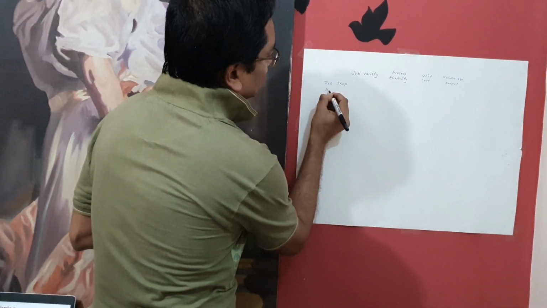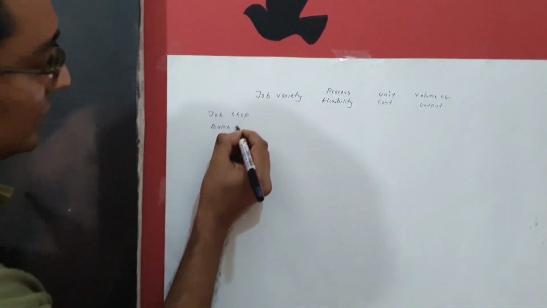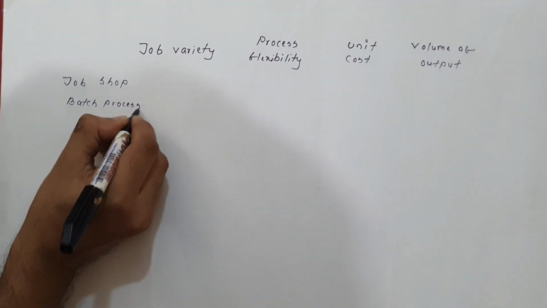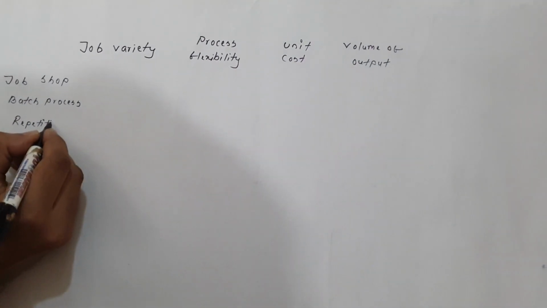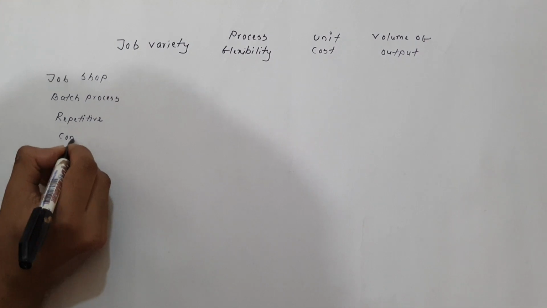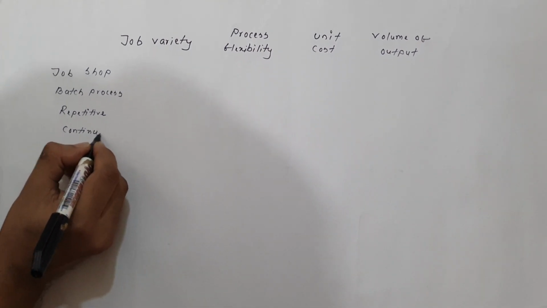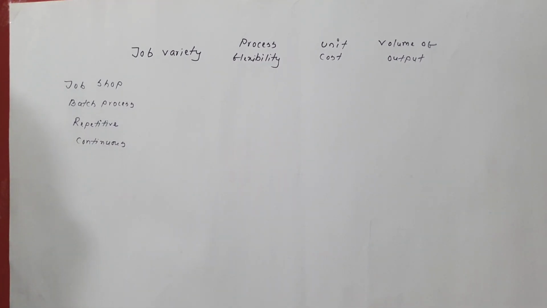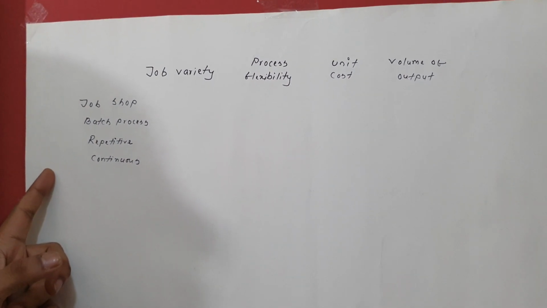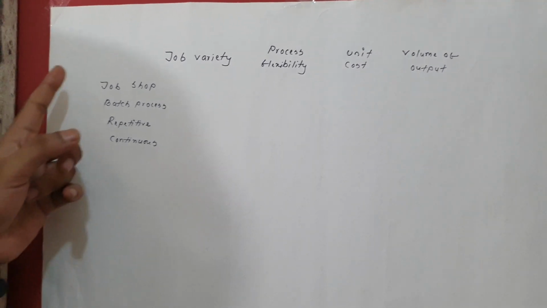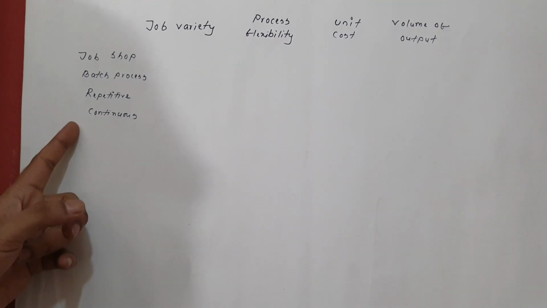Second one we call the batch process. Third one we call the repetitive process. And fourth one is the continuous process. So they are job shop, batch process, repetitive, and the continuous.